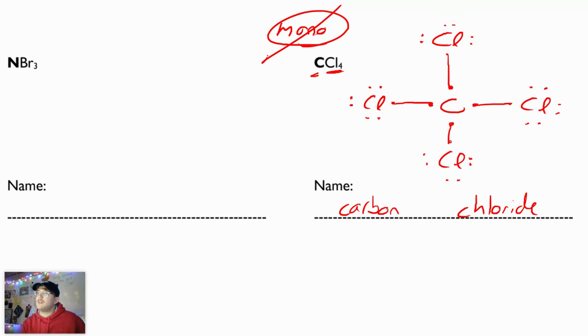That's one exception. You do not write mono if the first element in the compound only has 1. So I'm skipping the prefix here, but I do need to add the prefix here. Chlorine's got 4. There's 4 chlorine. So what's the prefix for 4? It's tetra. Okay, tetra. So this is just carbon tetrachloride because I've got 1 carbon and 4, aka tetrachlorine.